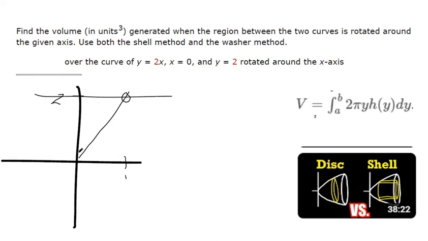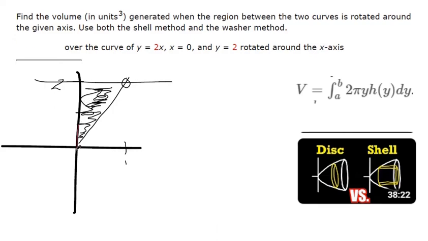Okay, so we want this volume, and we want this 2-dimensional area revolved around the x-axis to create that volume. So let's draw a right cylinder. And this is a good one too because this is already showing revolving around the x-axis. So when we draw a right cylinder for this area, one shell of the infinite shells we're going to be creating looks like this.